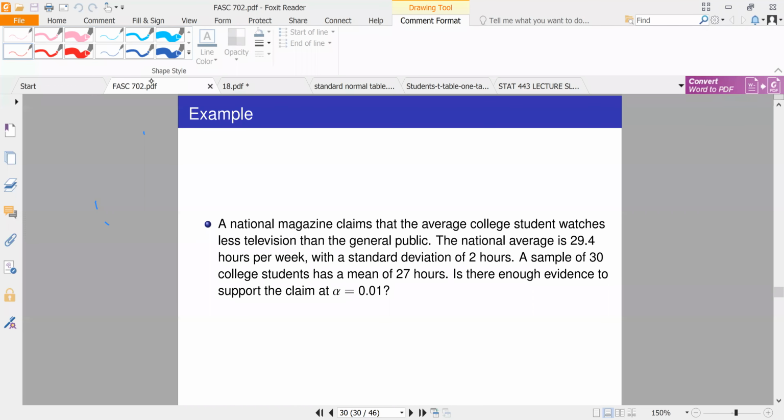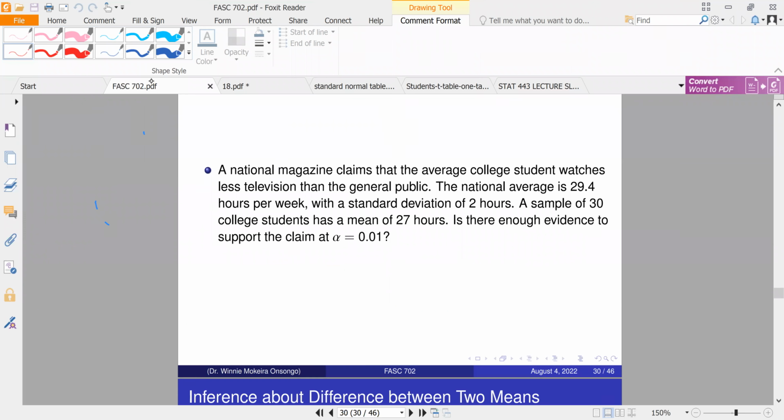And then we are told that a sample of 30 college students is drawn. From this sample of 30 college students, they found that the average time they spend on television is 27 hours. The question is: is there enough evidence to support the claim at alpha level 0.01?